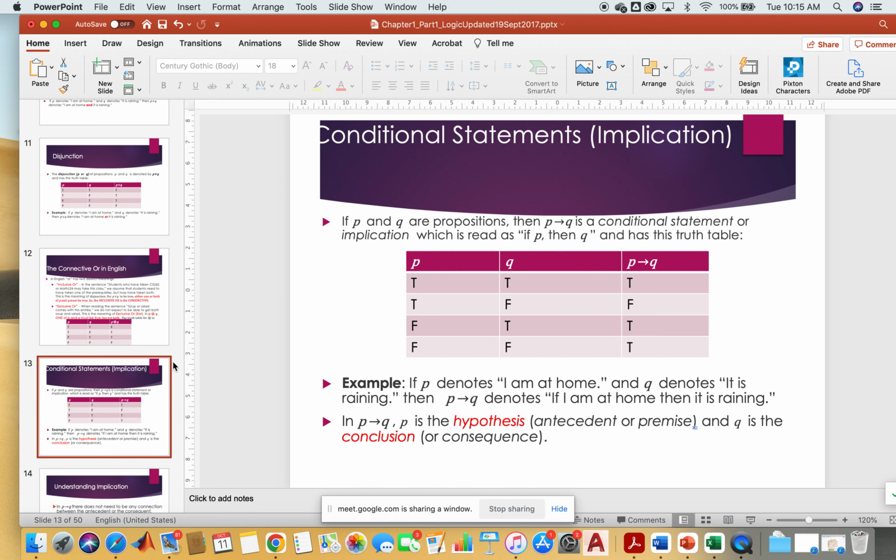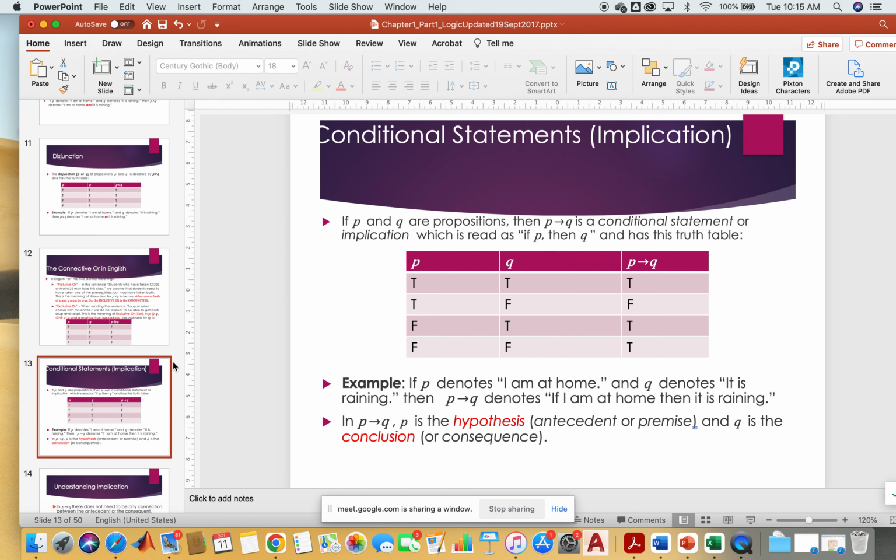The truth value does not need P and Q to be connected, unlike in ordinary English language. For instance, if the moon is made of green cheese, then I have more money than Bill Gates.